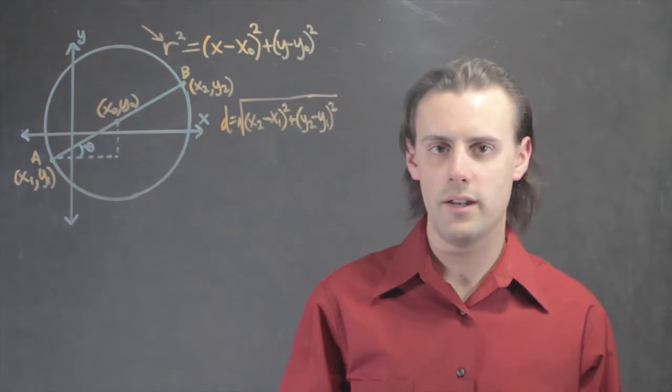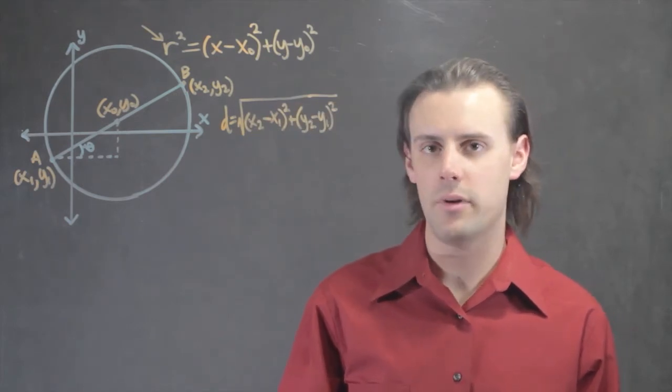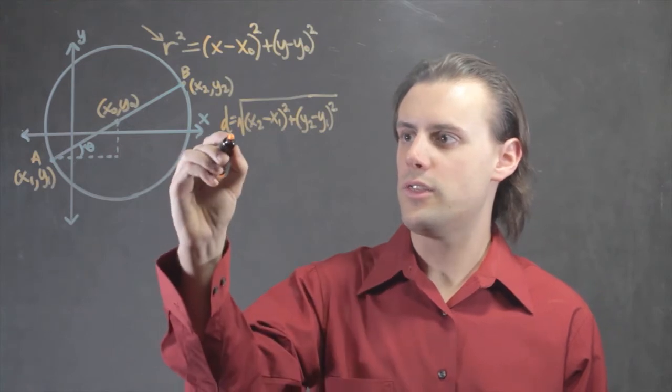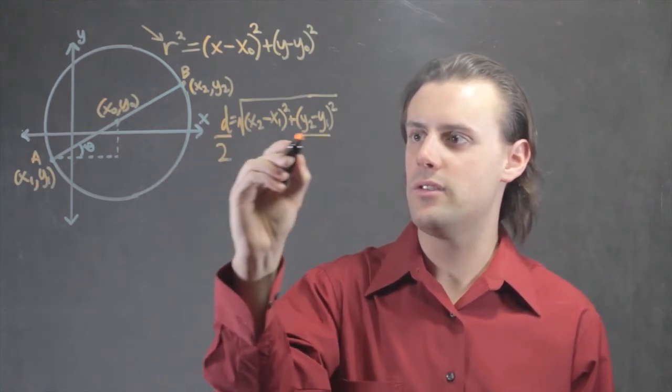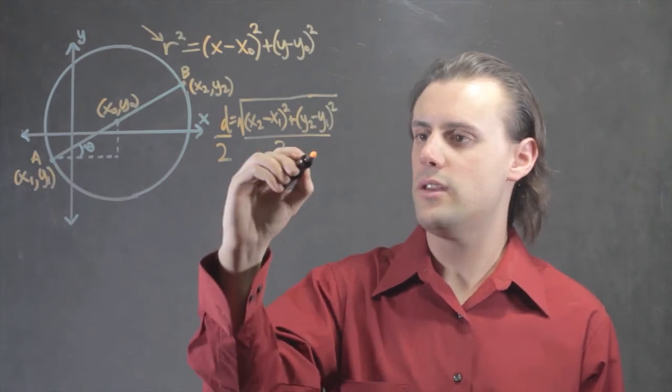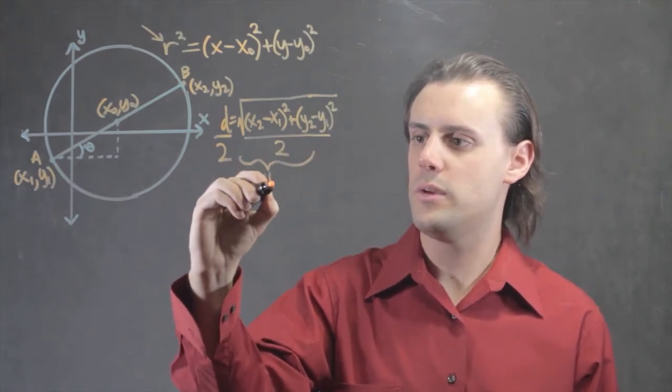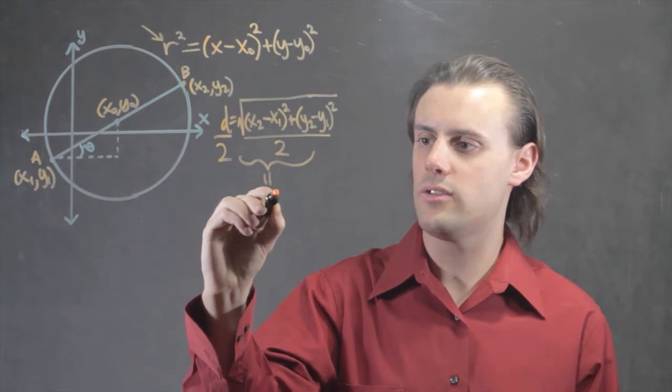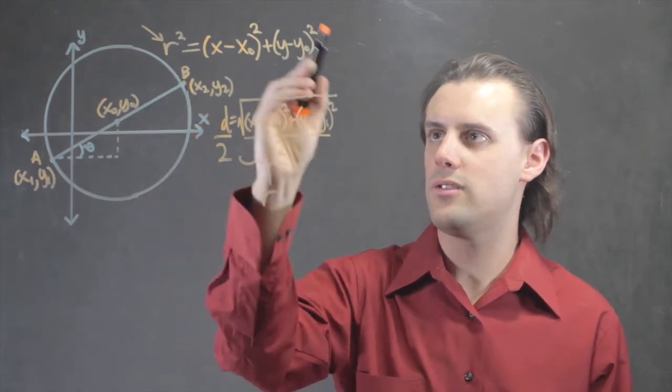Since we know that the radius is actually half of the diameter, we know that the radius will be given by this entire expression divided by 2. So this is going to be the radius r that I plug into my standard form.